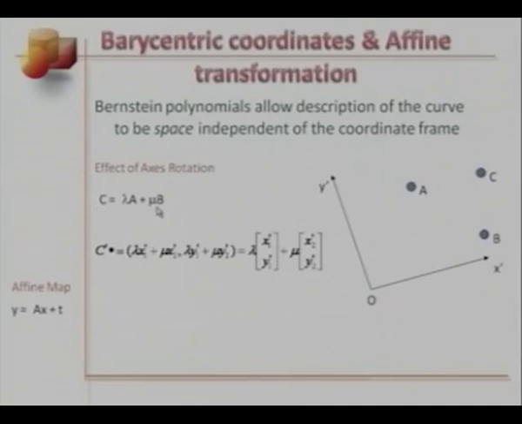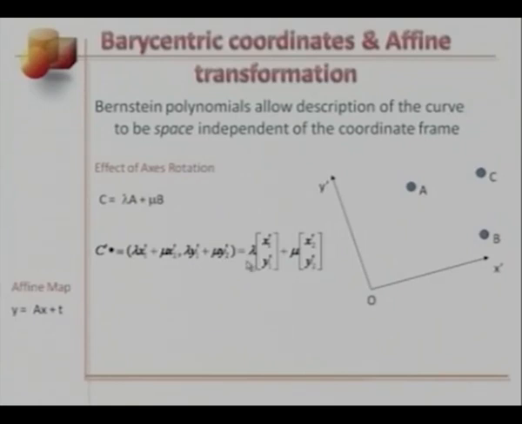If we maintain this linear combination, C prime star will have the x coordinate as lambda times x1 prime plus mu times x2 prime, and the y coordinate will be lambda times y1 prime plus mu times y2 prime.